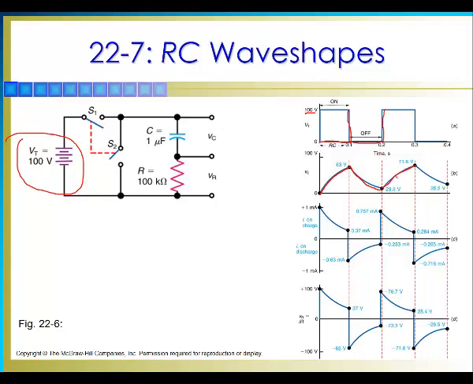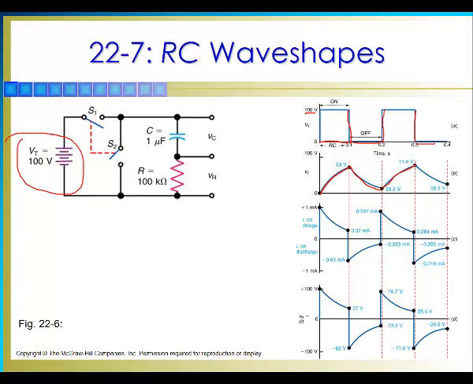You have 100 minus 23, so there's only a 70-some volt difference. From there, you charge 63% of that amount, and that will bring it up to 71.6. Then it turns off again and goes back to zero.